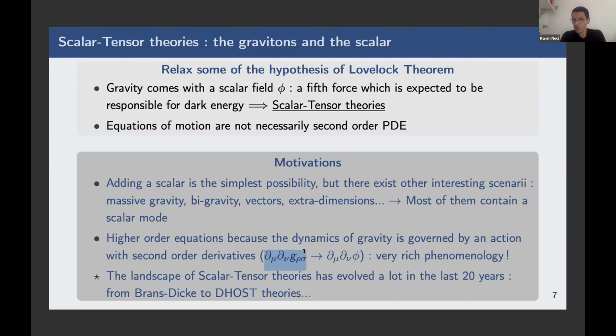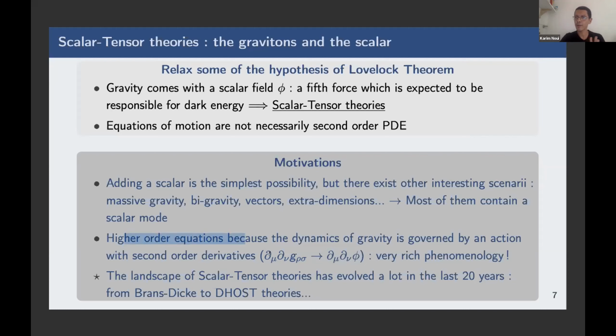Then it is natural to generalize scalar tensor theory in the sense that we can also allow for second derivatives of the scalar field in the action. And if you add second derivatives of the scalar field in the action, you will naturally obtain higher order equations of motion.